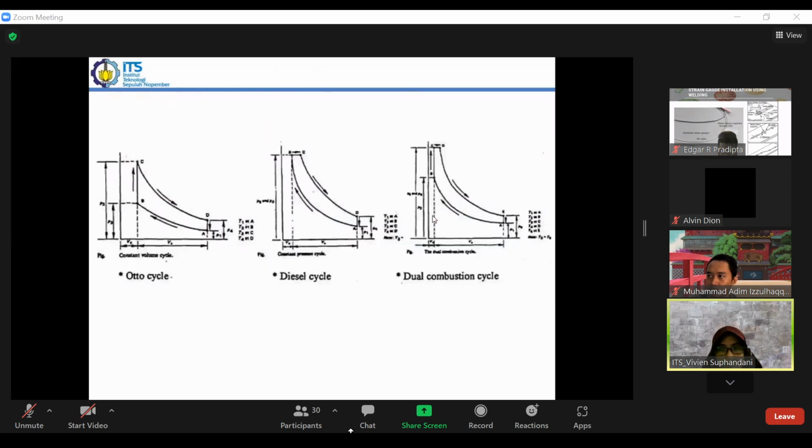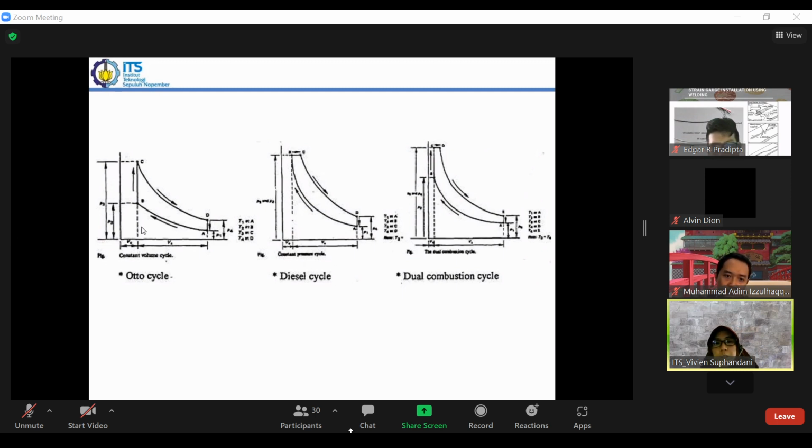Now, if we have the dual cycle, the dual combustion cycle will be a sort of combination between the two. So there is a combination of the Otto cycle and the diesel cycle.